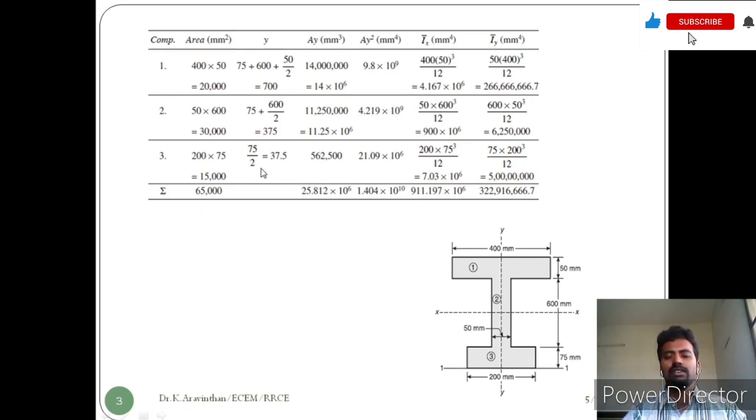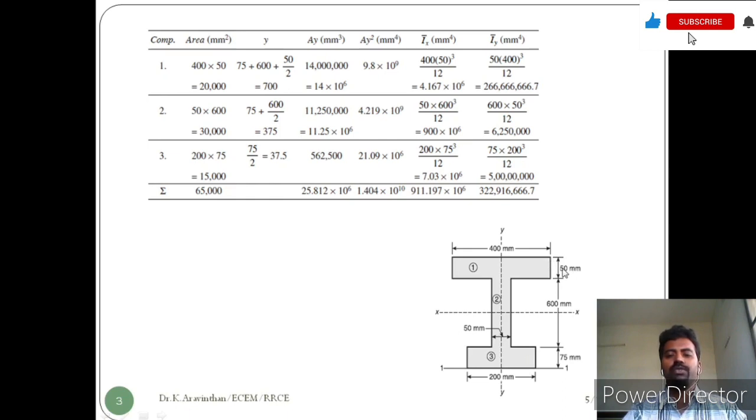And next let us find out the y coordinates of each and every section. So we will find the centroid of each section with the reference plane 1-1. For the first section, the centroid will act exactly at the center of the depth.